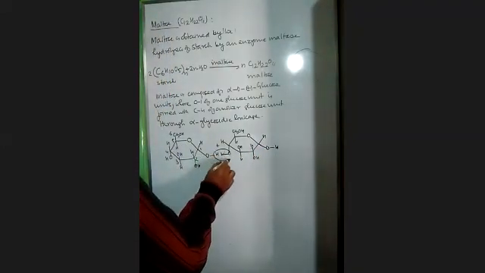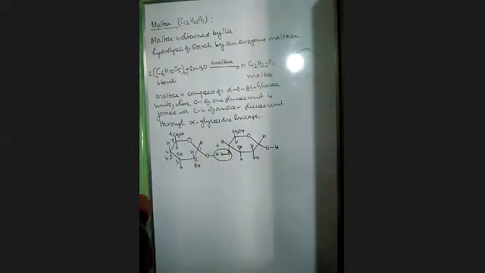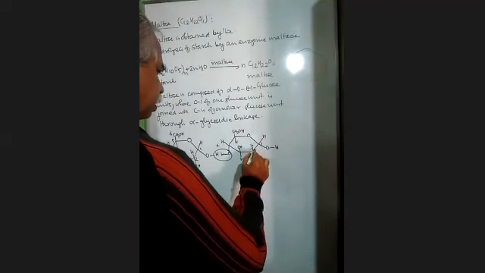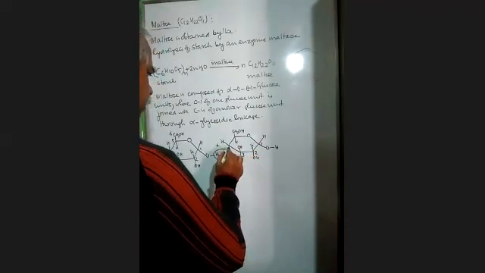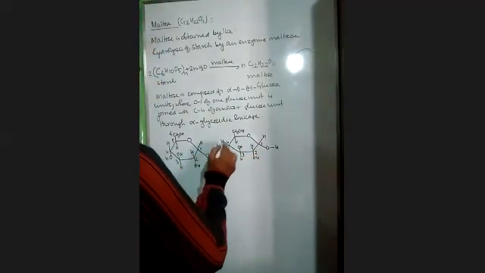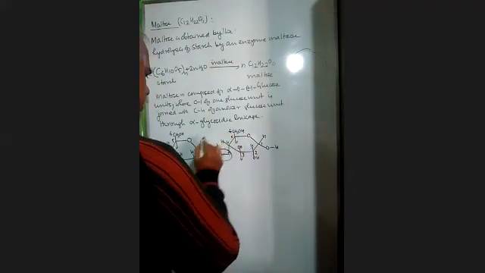This will be linked to this. So it is 1, 2, 3, 4. See, this is C1, C4, 5, 6.